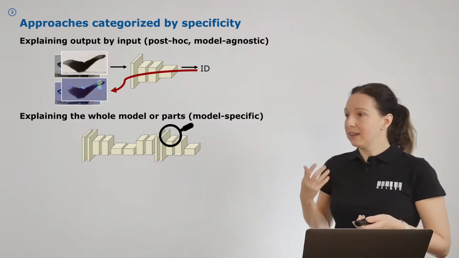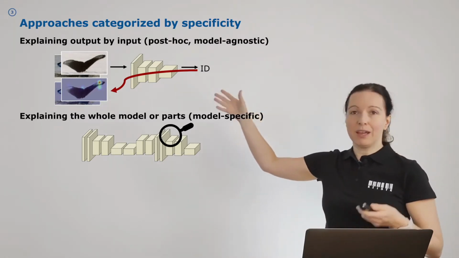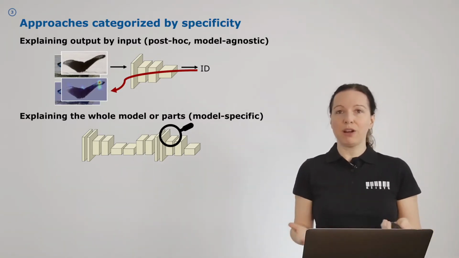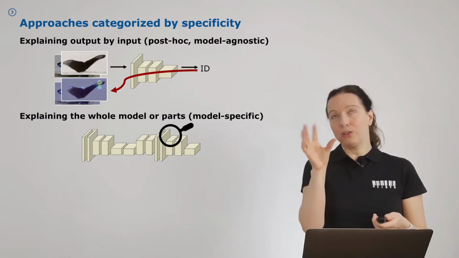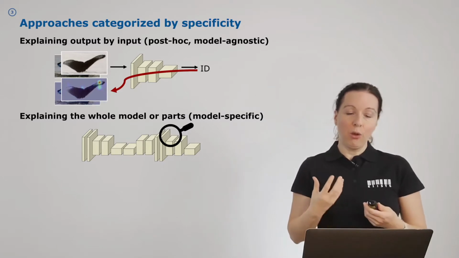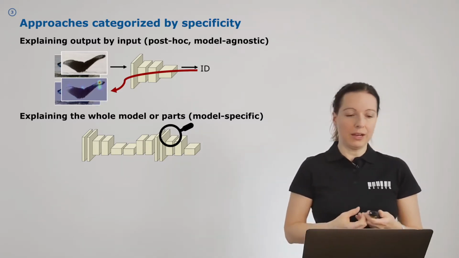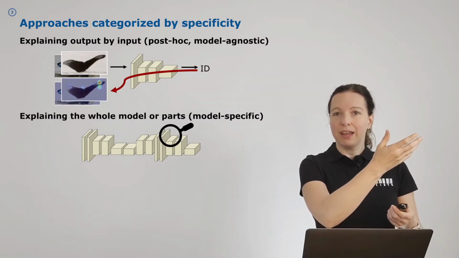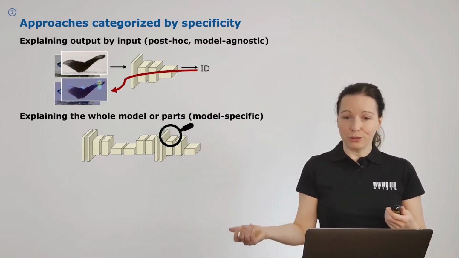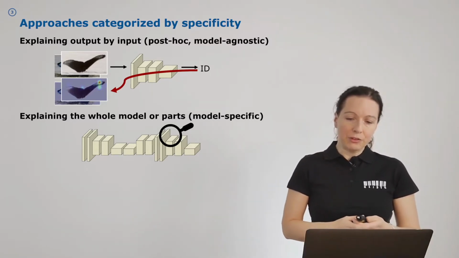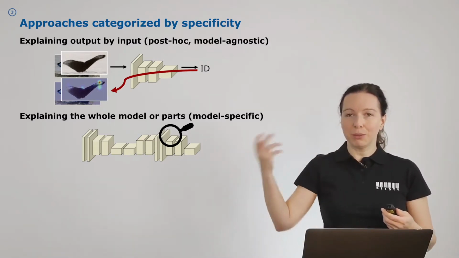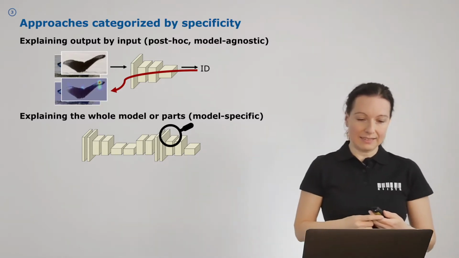So in this case, the model can be model agnostic, it can be black box, that means it's non-transparent, you don't need access to it, or you don't need access to the components. The only thing you need for this is that you can input some data sample and you get an output, and this can be repeated as often as you need it. So you just have a look at the mapping. So when you change the input a little bit, what happens to the output? This is exactly what is analyzed here.